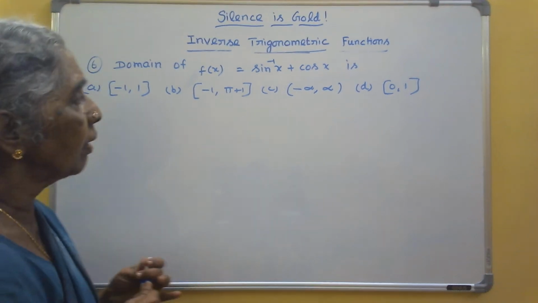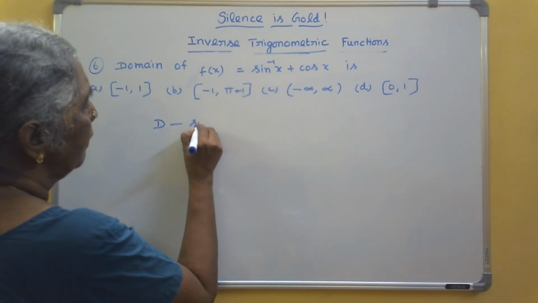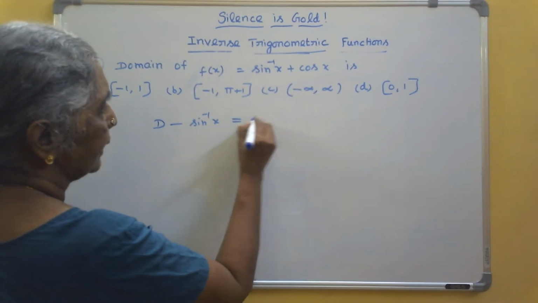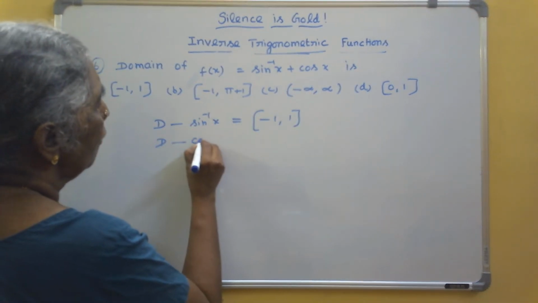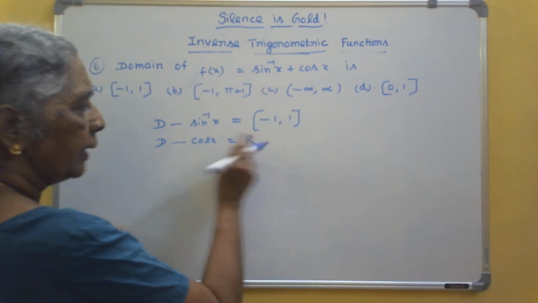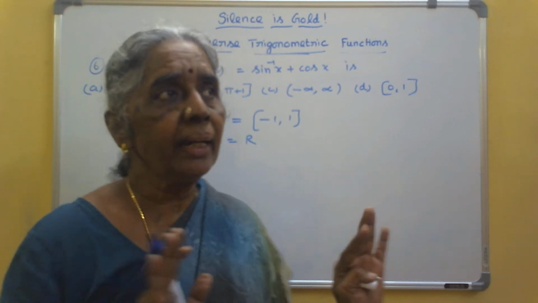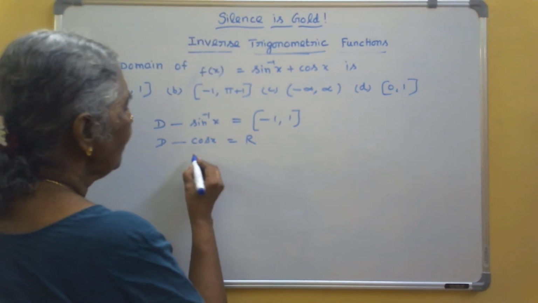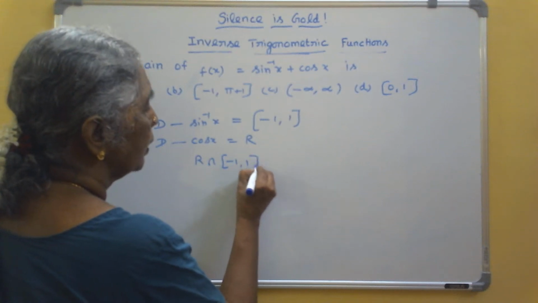Okay. So here, first for sin inverse x, you know the domain of sin inverse x is minus 1 to 1. Then the domain of cos x is R, that is, it is defined everywhere. So what will be the intersection of R and minus 1 comma 1?